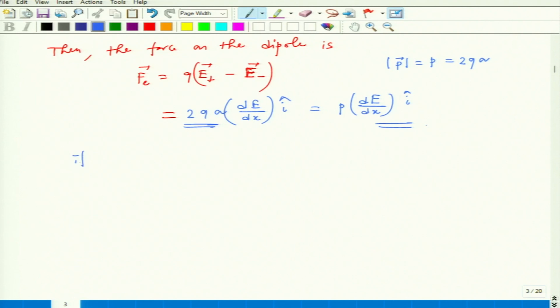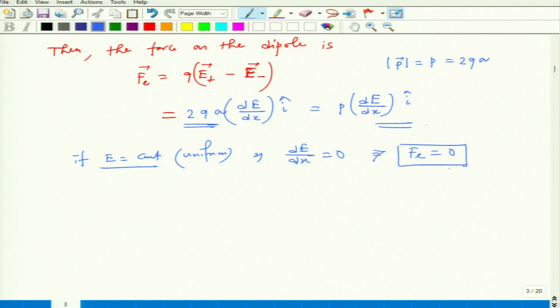So the force on the dipole is non-zero only when we place it in an external non-uniform electric field. A real life example of a net force acting on a dipole is the attraction between a small piece of paper and a comb.